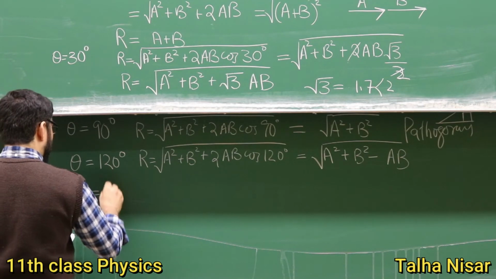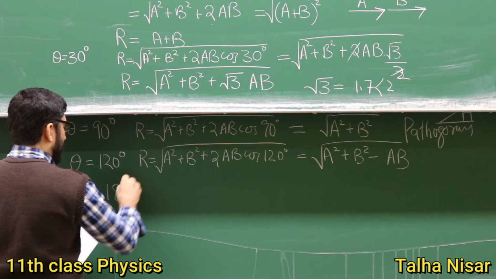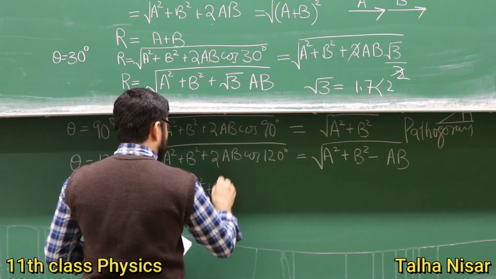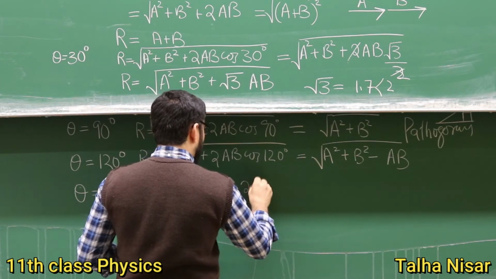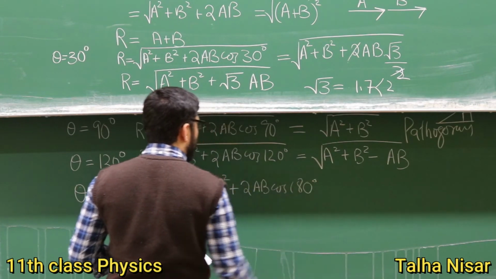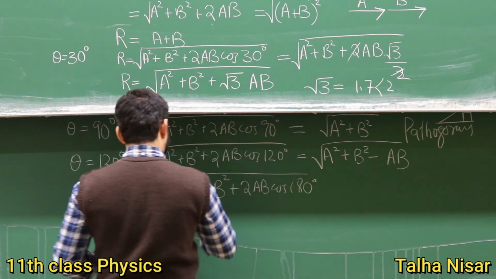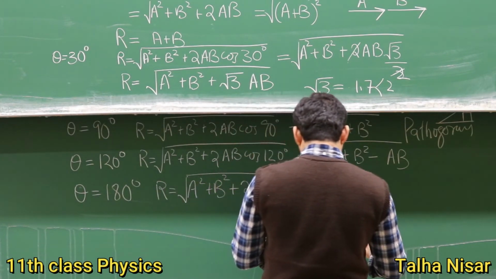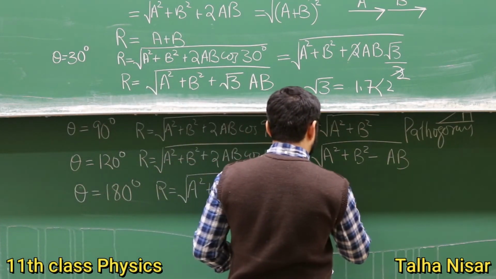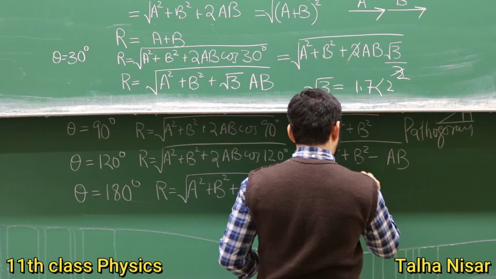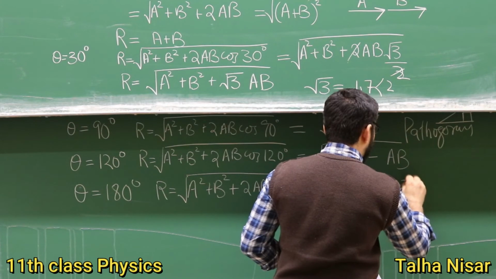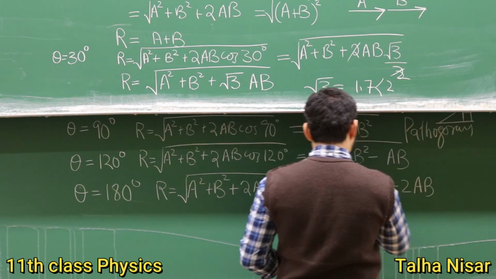And the last one we try is 180 degrees. The resultant here is the square root of a squared plus b squared plus 2ab cos 180 degrees. The cos of 180 degrees is minus 1, so sorry, this should be minus 2ab.